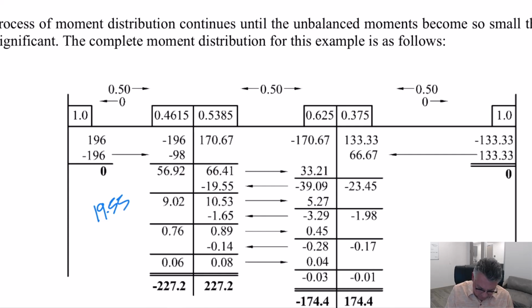Needs to go here, and 46.15% of that goes here, and 53.85% of that goes there. I think you're seeing where we're going. By doing that, by adding that 10.53 there, we have to carry this over.